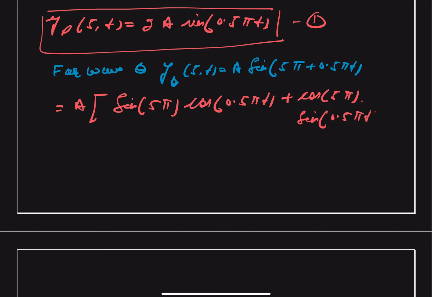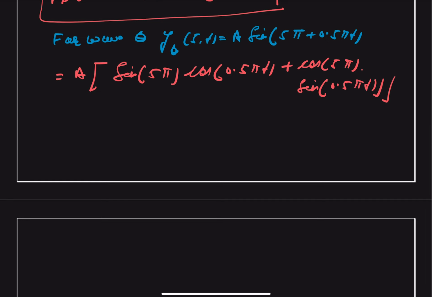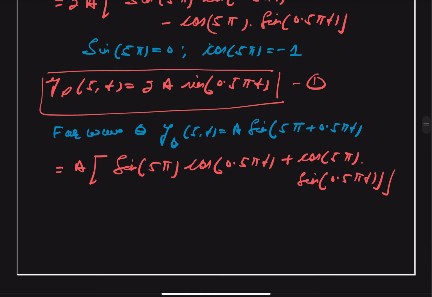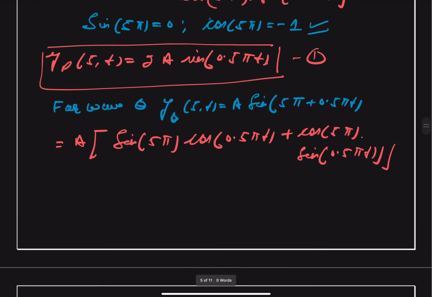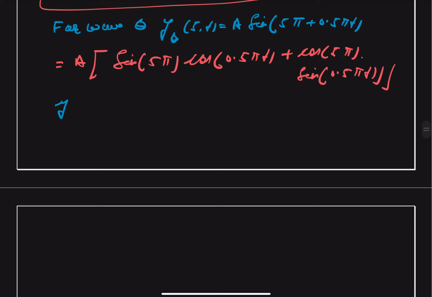Once again, by using the respective values, we get that y of q for position 5 and t will be minus a sine 0.5 pi t, and this is our equation number 2.